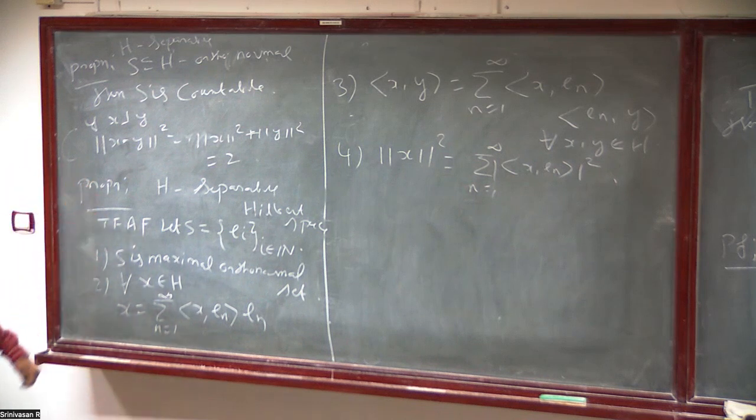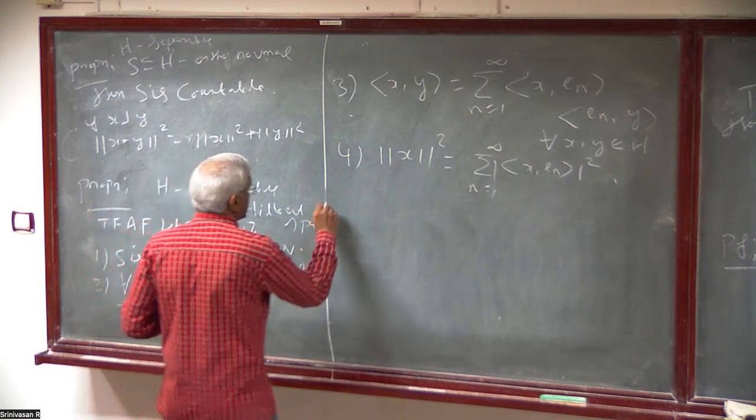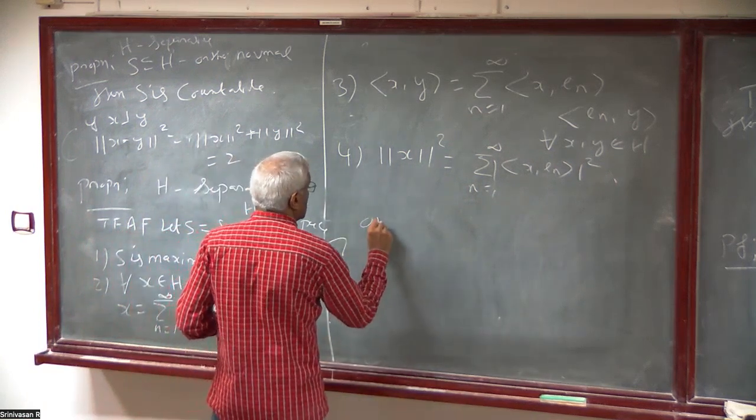And that is what is called Parseval's identity. Anything satisfying this is an orthonormal basis.